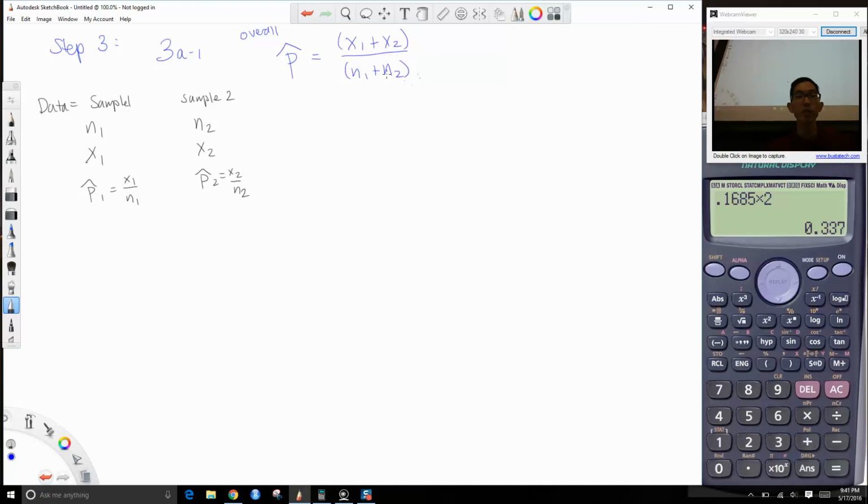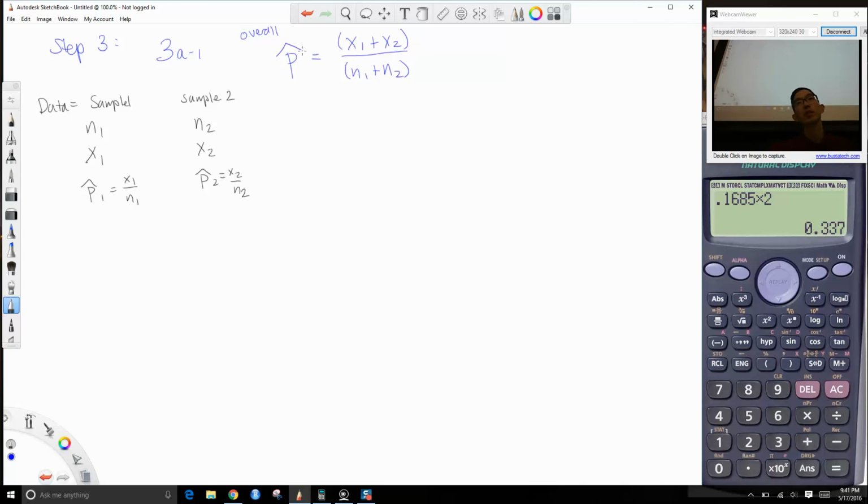This is the overall success proportion. You add X1 and X2, and then divide by the quantity N1 plus N2. You have to do that first, and we just call this p hat.